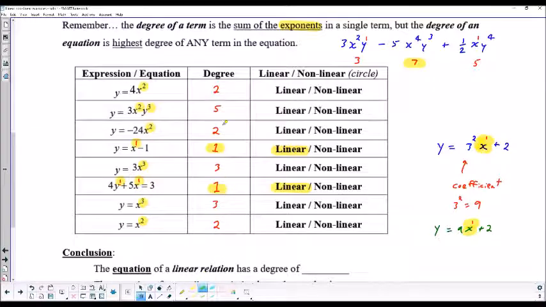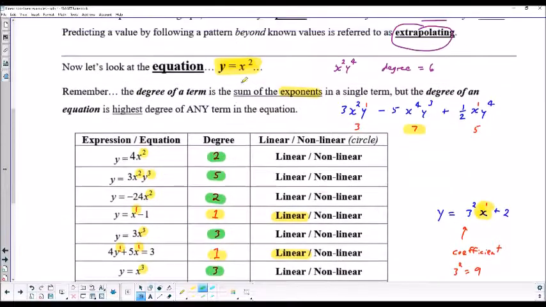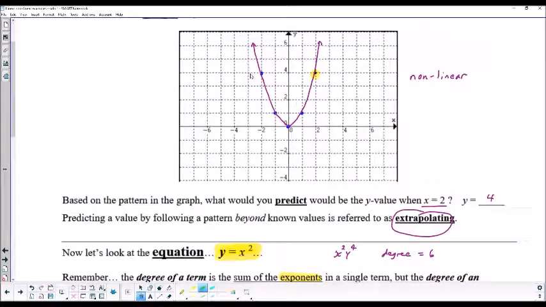And then if we look at all these other ones, degree of 2, degree of 5, degree of 2, degree of 3, 3, 2, all of those ones do not have degree of 1, just like up here, the equation y equals x squared, this is called a quadratic, and the graph itself is a parabola. Okay, so it's a curve, it's a specific type of curve called a parabola that you learn more about in grade 10.